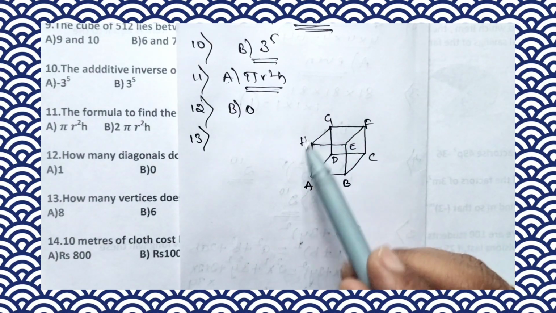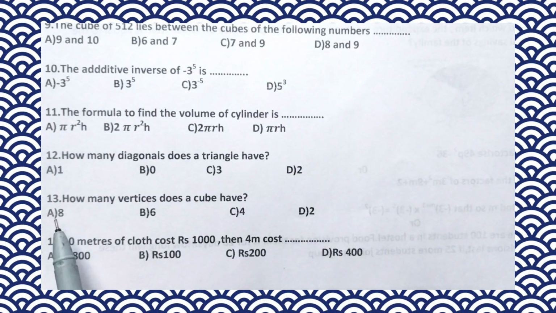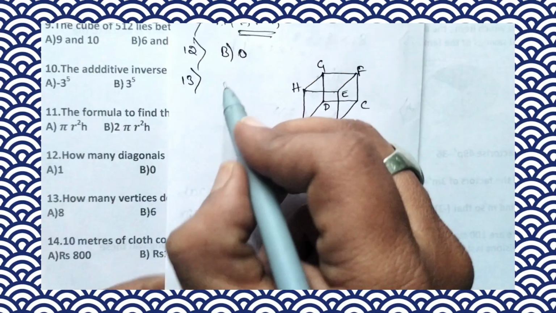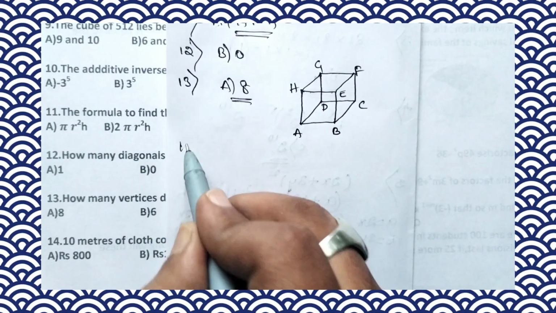So totally 8 vertices are there. So for this question the right answer is option A, 8. A cube has how many vertices? Option A, 8 vertices it has.